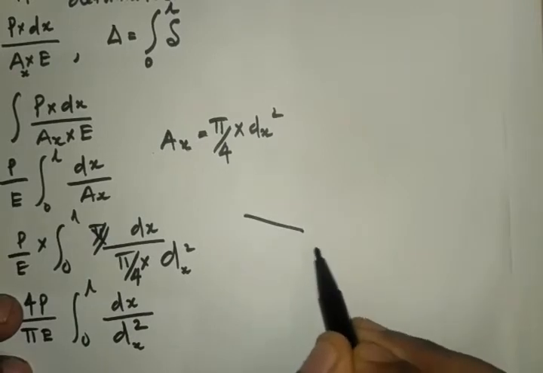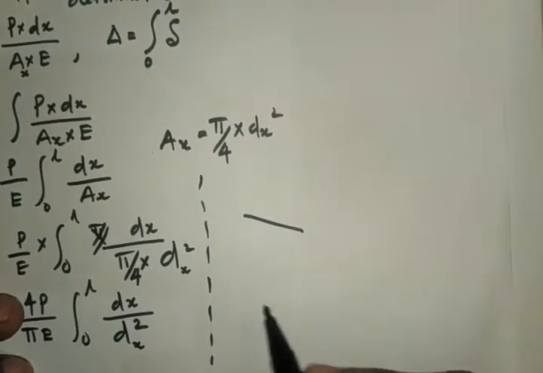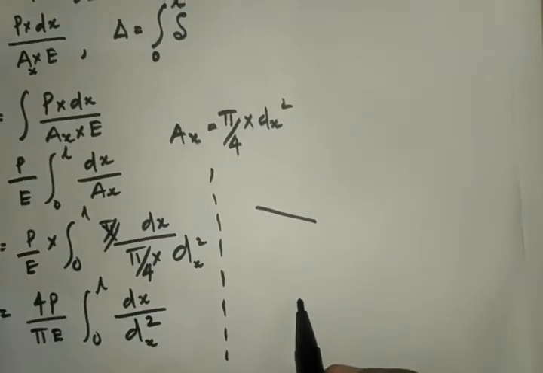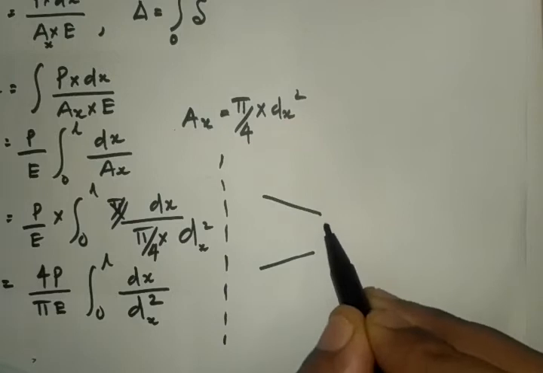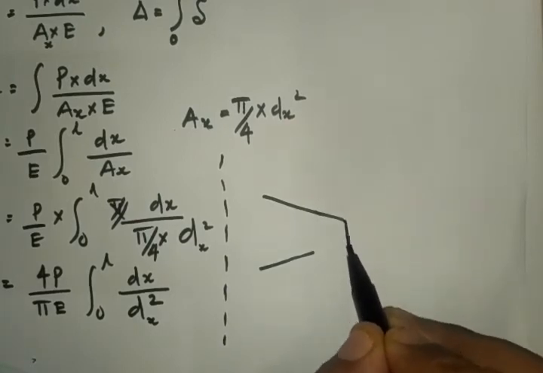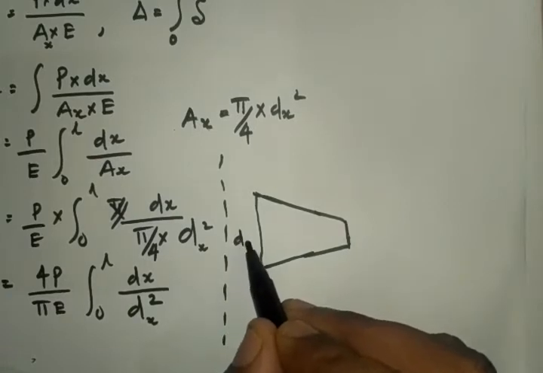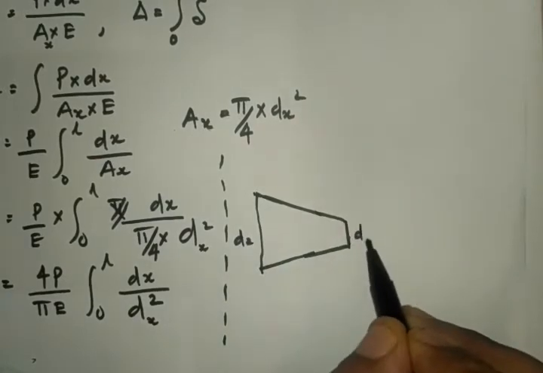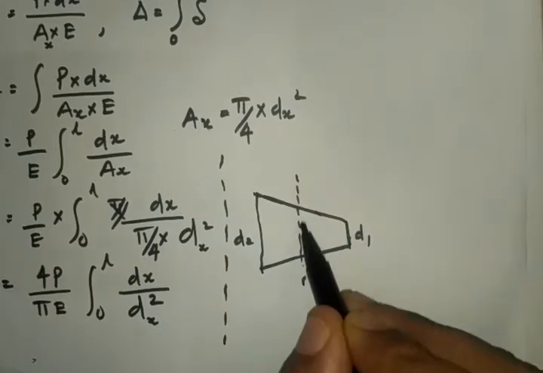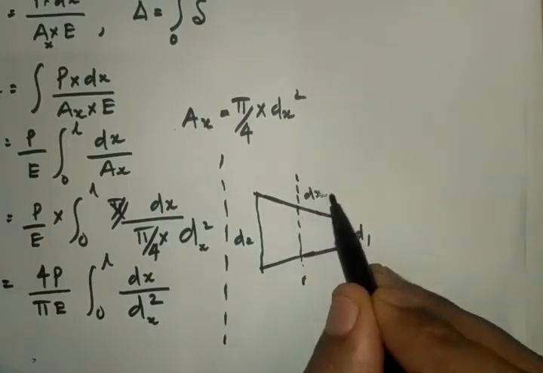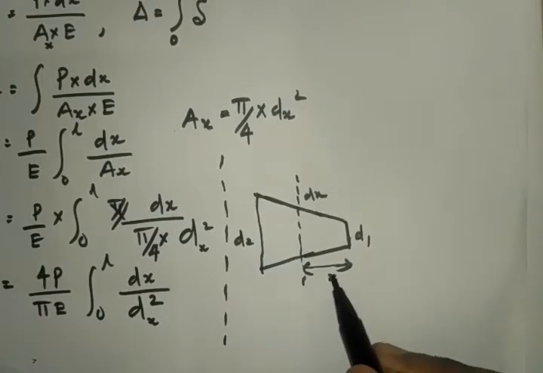That Dx value can be found out by this tapered bar. This is D2, this is D1, this is Dx, and this length is taken as x.